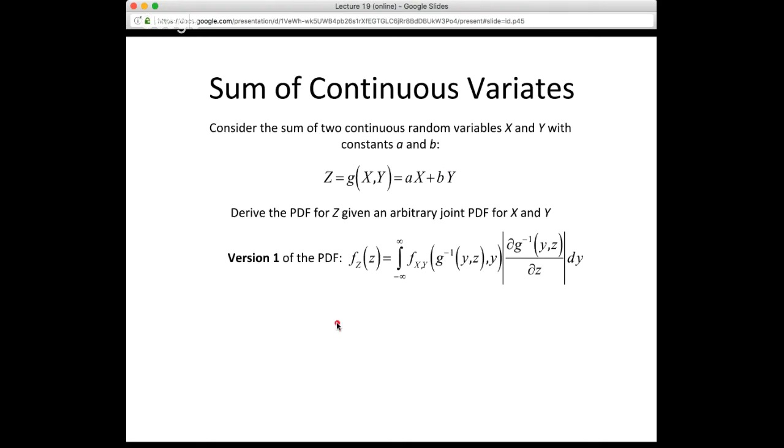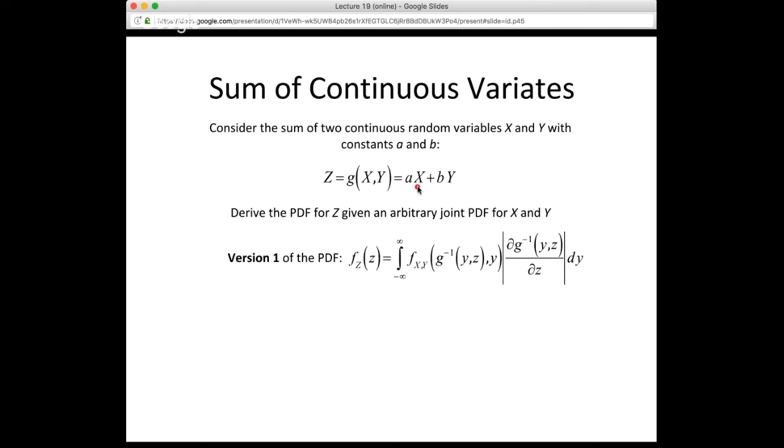So if we take the first version of the PDF for z, this is our formula here. What do we need to do? First, we need to evaluate the g inverse of y,z, and then compute its derivative with respect to z. In this case, we're solving for x equal to g inverse of y,z.